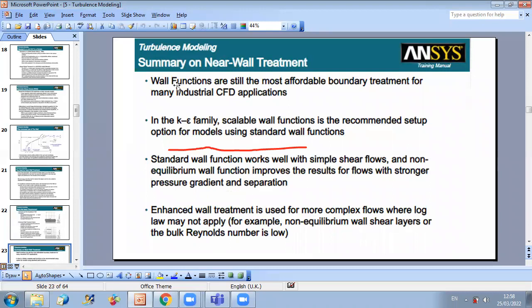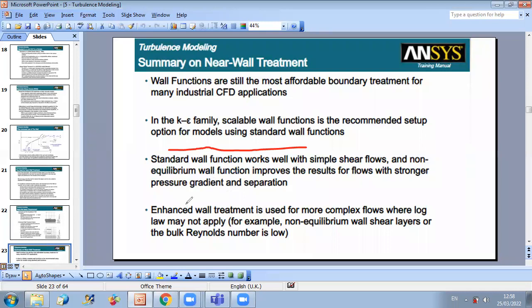So as I told you, even in the wall treatment, you have several empirical relations depending on the application you have. Whenever you have new effects like pressure gradient, separation, etc., you need to modify the wall function to be suitable for your application.